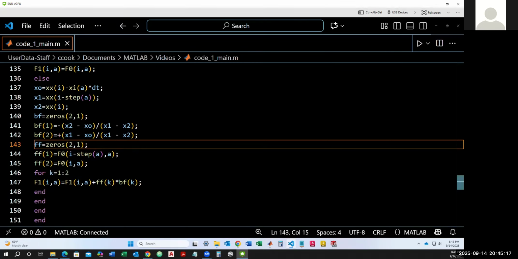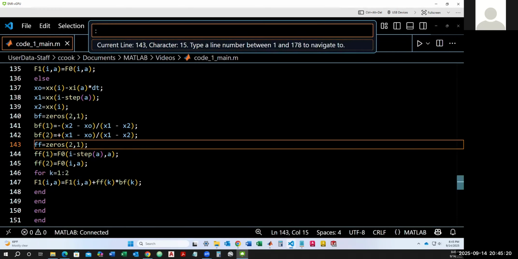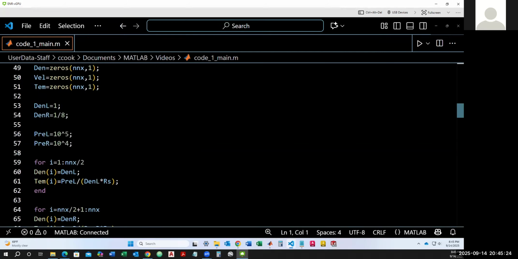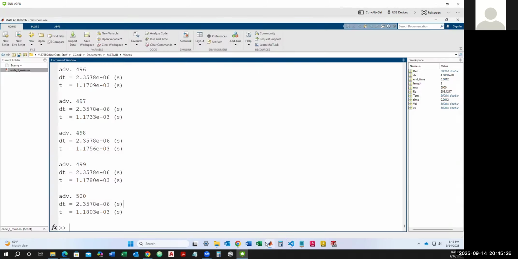This thing actually burnt. Okay, all right, so it's done running.